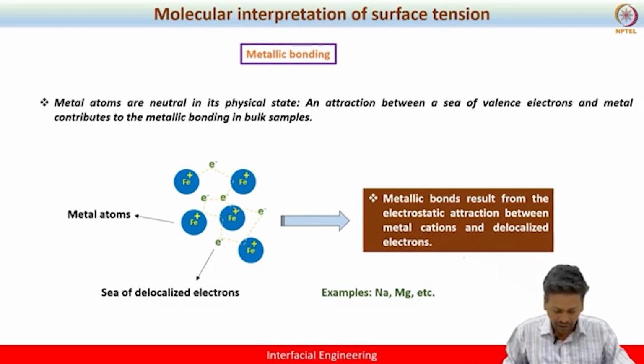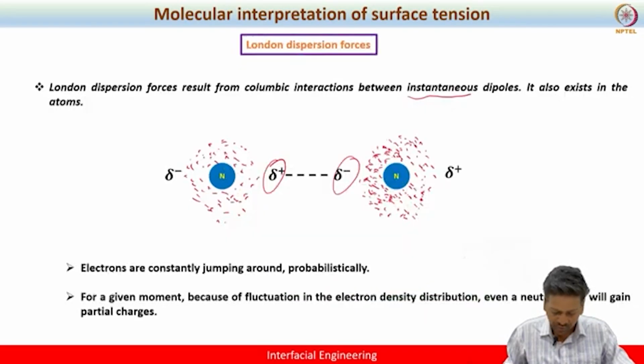Because of the sea of delocalized electrons, the metal atom will gain positive charge, and there will be electrostatic attraction between this metal cation and the delocalized electrons, due to which you can expect metallic bonding between the metal atoms. Okay, this is another type of physical force, we can say.